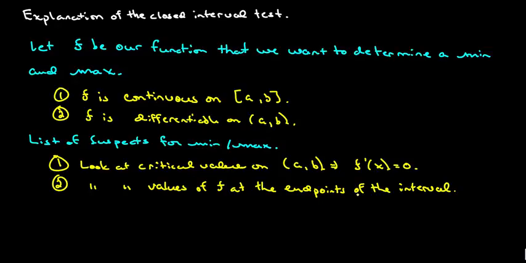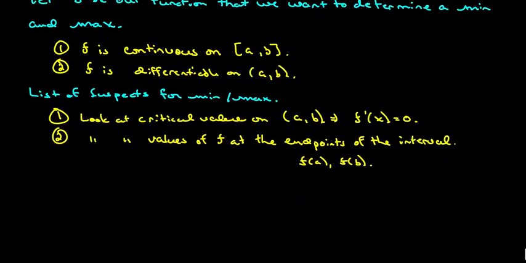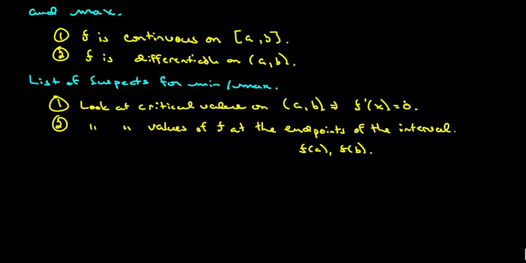Okay, so essentially we're going to compute f at A and f at B. Okay, what we're going to do then is we're going to take those values. We're going to take all of these guys. So let's say this produces a couple critical points, x1, x2, all the way through, I don't know, xn. And then we got these two guys.